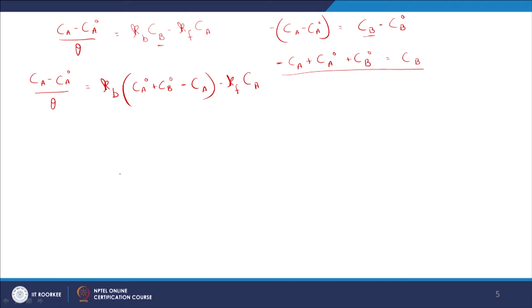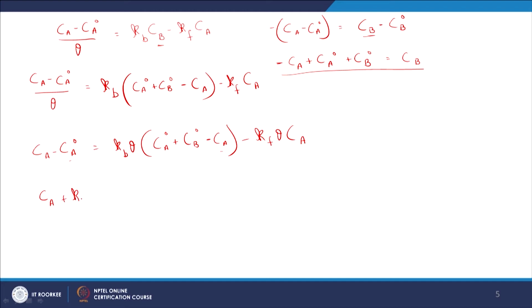And let us try to solve for this, I guess, right. Ca minus Ca naught is equal to Kb into theta into Ca naught plus Cb naught minus Ca minus Kf theta Ca, right. So, if I am trying to bring all the terms with respect to Ca to the left hand side and the other terms to the right hand side. So, Ca is going to be here, and where are the other Ca terms?